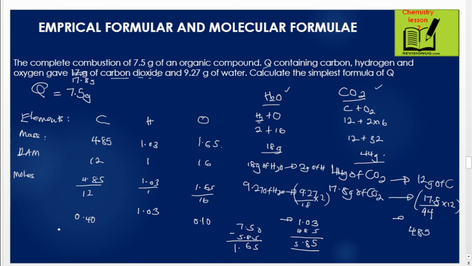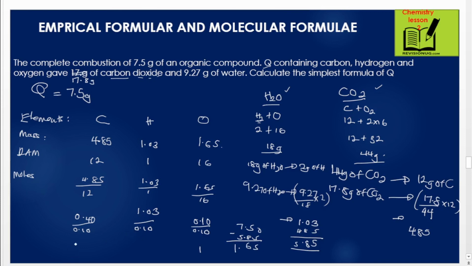Now out of that one, we are going to choose the smallest. So out of the three, we need to get which one is the smallest. So which one is the smallest? That is 0.10. So we divide throughout by 0.10. This is going to be a 1. Then we divide this one, 0.40, by 0.10.